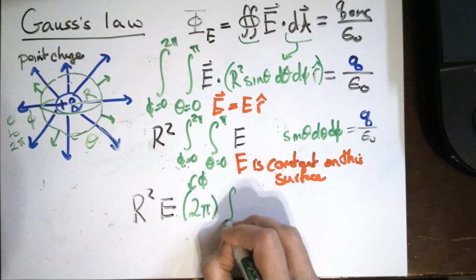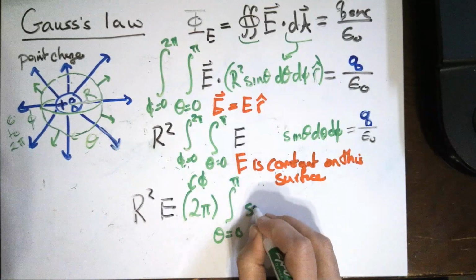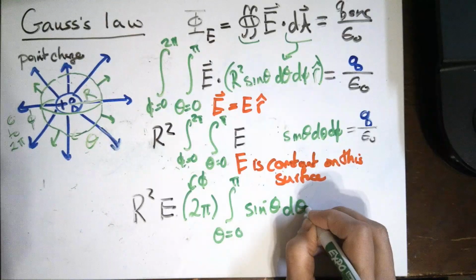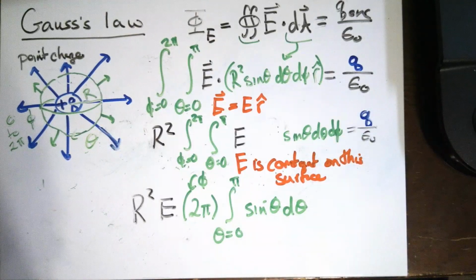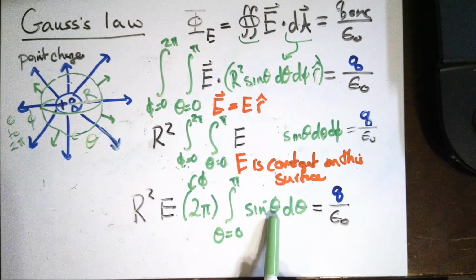Next integral, theta from 0 to pi of sine of theta d theta. And then we'll finish off the equation. And this integral we actually also know how to do. The integral of sine theta with respect to theta is negative cosine.